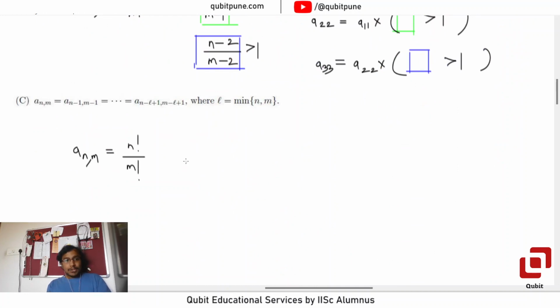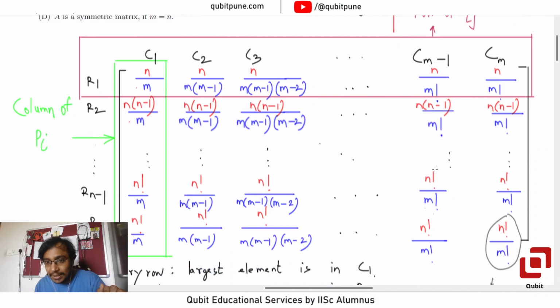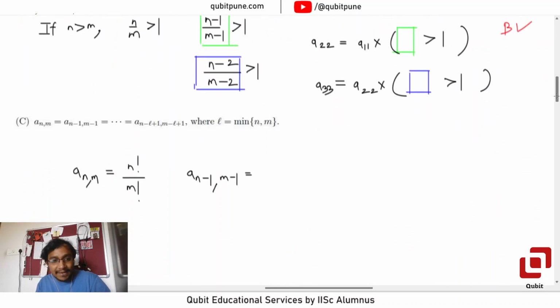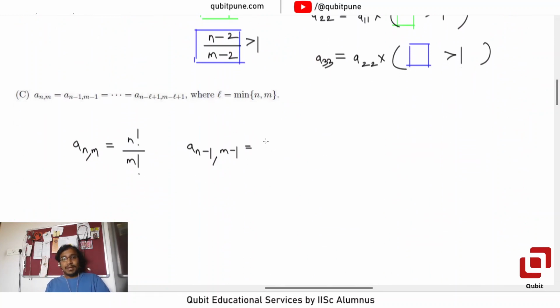Now suppose I am interested in writing A n minus 1 comma m minus 1. I have seen that because x and y's values are 1, this element has to be equal to it, isn't it? That's what we saw here: at x equal to 1 they will be equal because x is 1. So as far as n minus 1 and m minus 1 are concerned, we still have n factorial upon m factorial. Now we have to see how far back we can go with this logic.